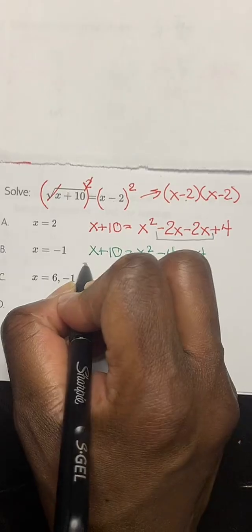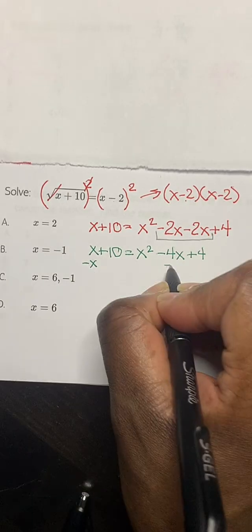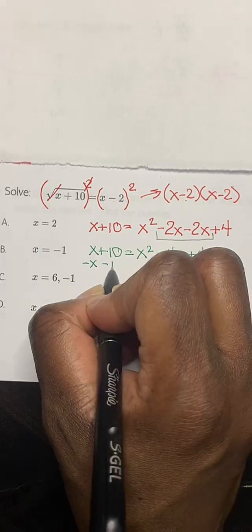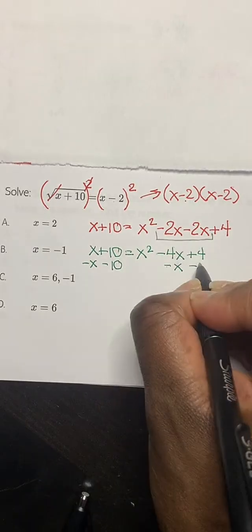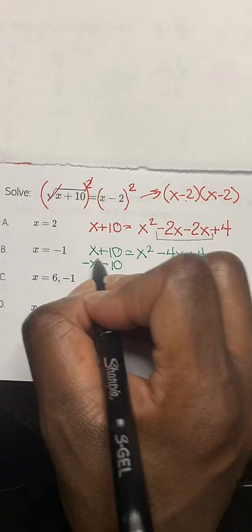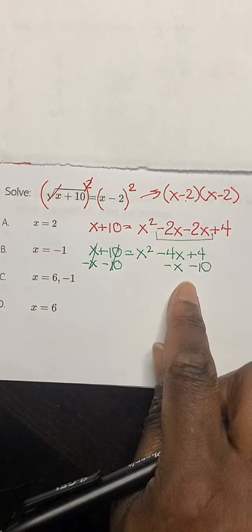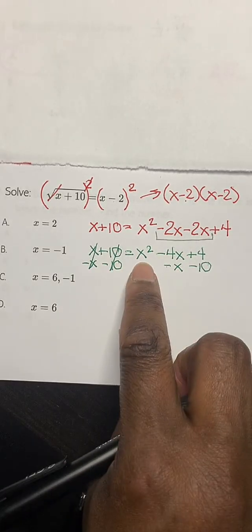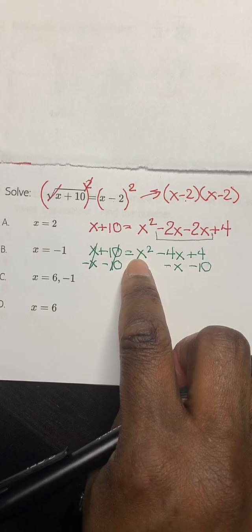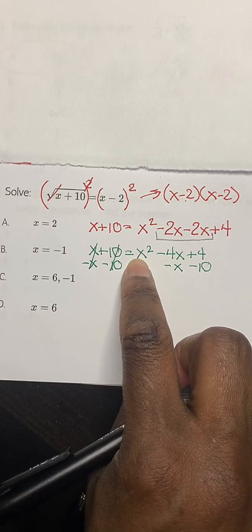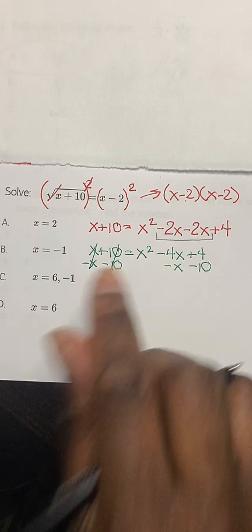So that means I'm going to subtract the x and I'm going to subtract the 10 on both sides. Reason why I'm not moving everything to the left is because I want the coefficient of that x squared to be 1, to be positive.